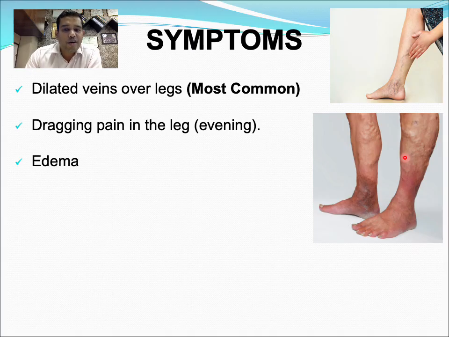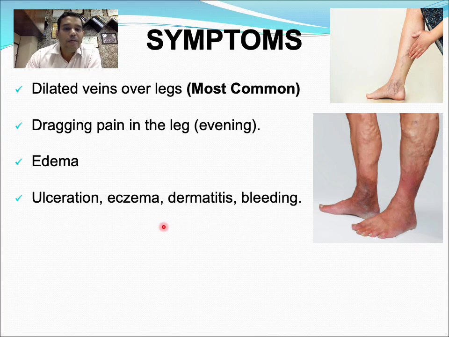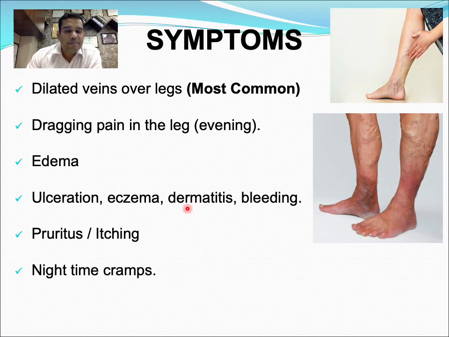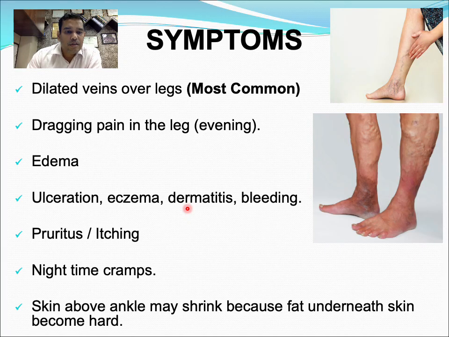There may be edema on the ipsilateral, pathological side. There may be development of ulcer, eczema, dermatitis, and bleeding. Pruritus can also be there. There may be night cramps, and finally the skin above the ankle may shrink, the fat under it is lost and the limb becomes very hard.